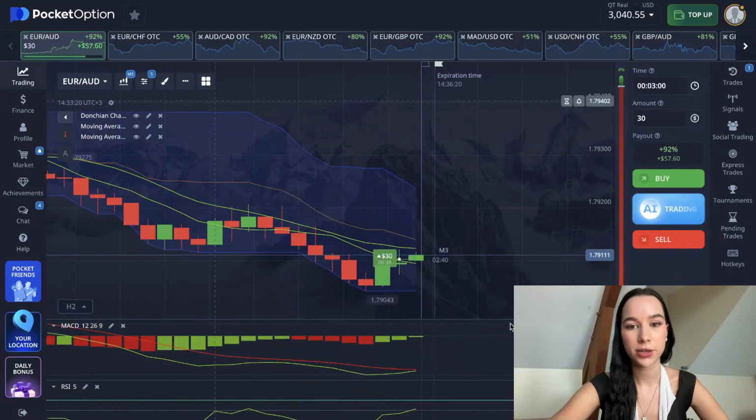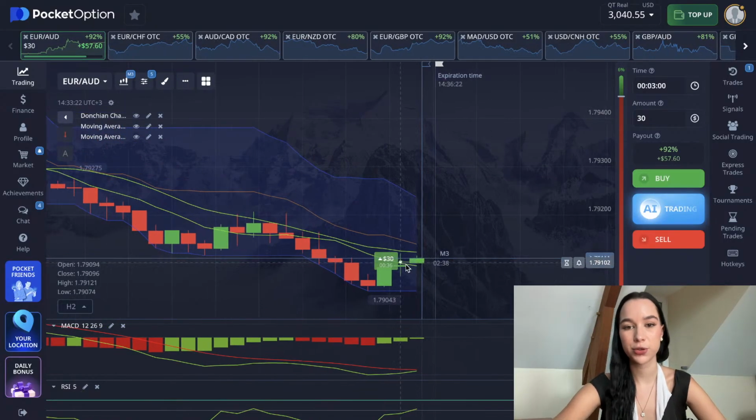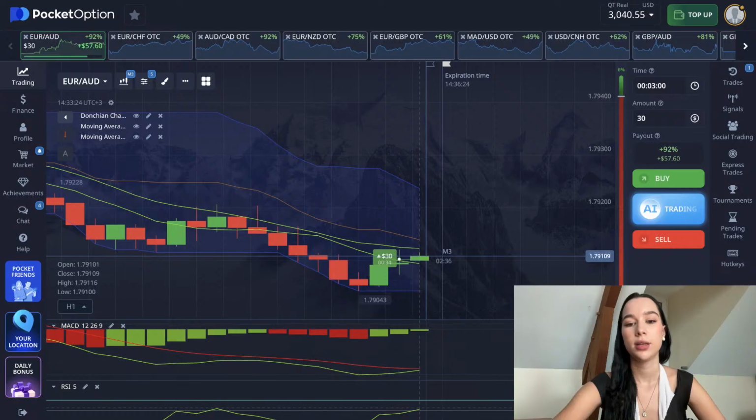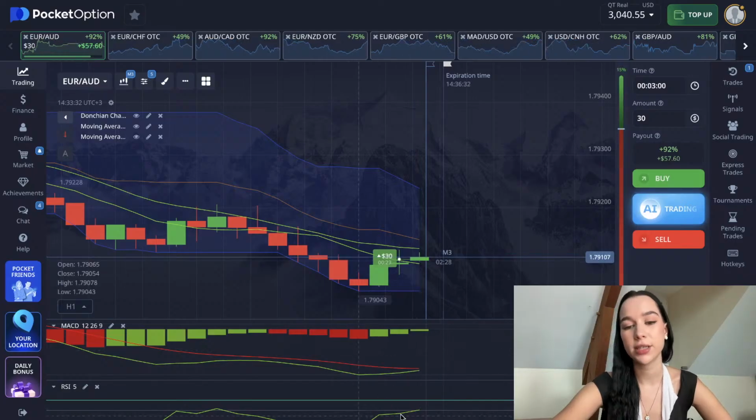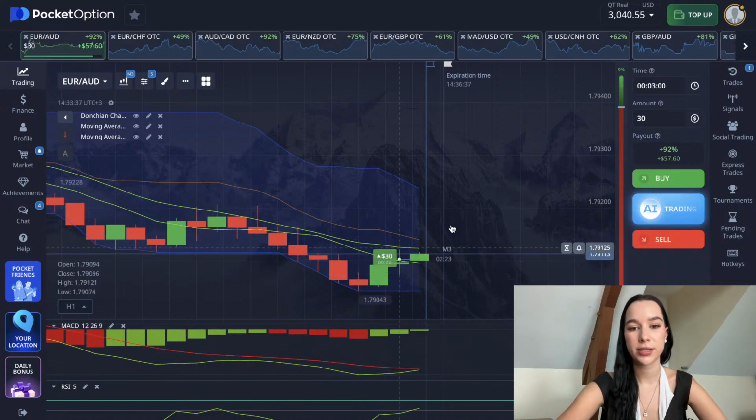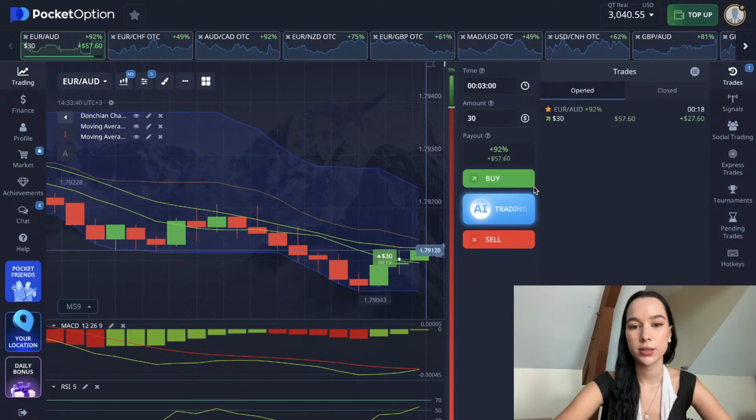As you can see, our trade is going pretty well. It's towards the upward trend. The last bars in the MACD are green. The two lines of MACD are almost crossing each other, going up in almost the same direction. The RSI line is also moving in the upward direction, so it's good. 23 seconds right now till the end.